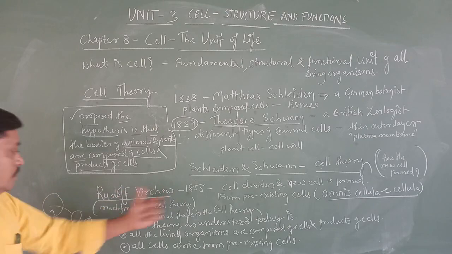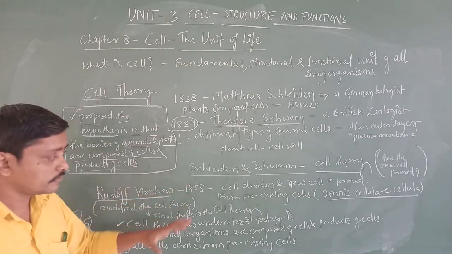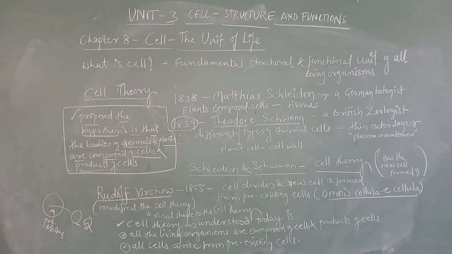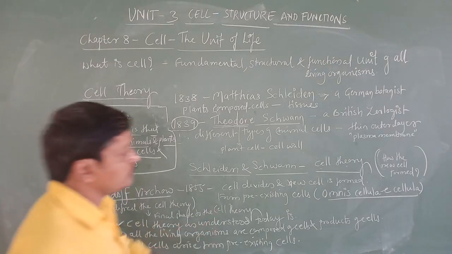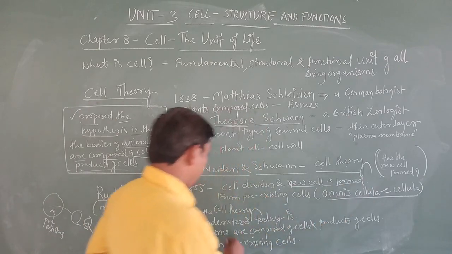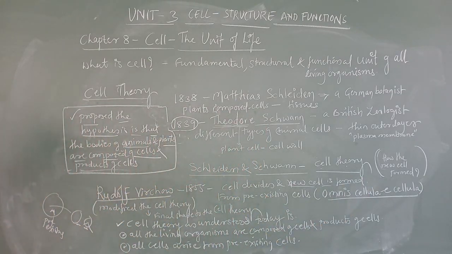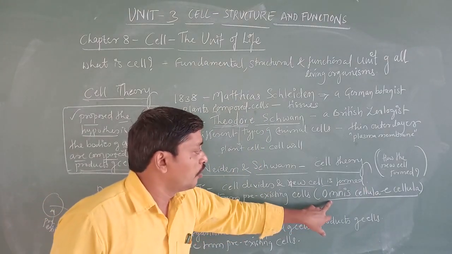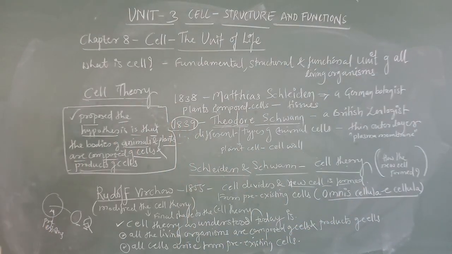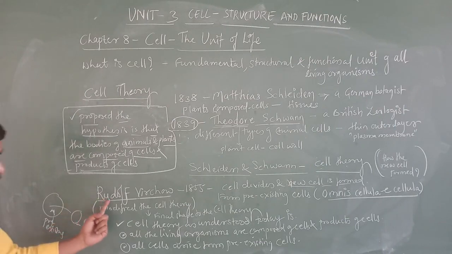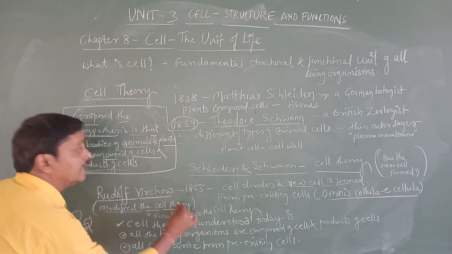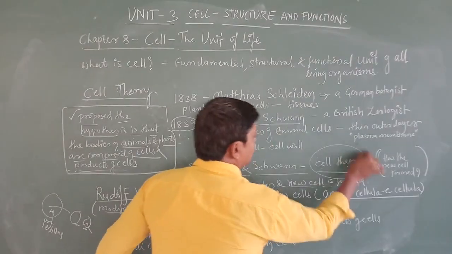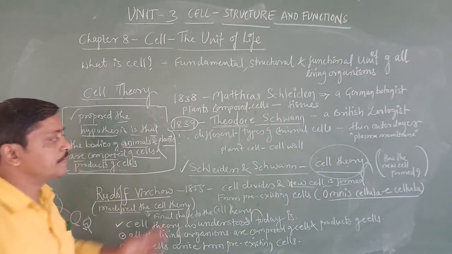In 1855, Rudolf Virchow told that cells divide and new cells are formed from pre-existing cells, and that is the theory "omnis cellula e cellula". After that, Rudolf Virchow modified the cell theory given by Schleiden and Schwann.